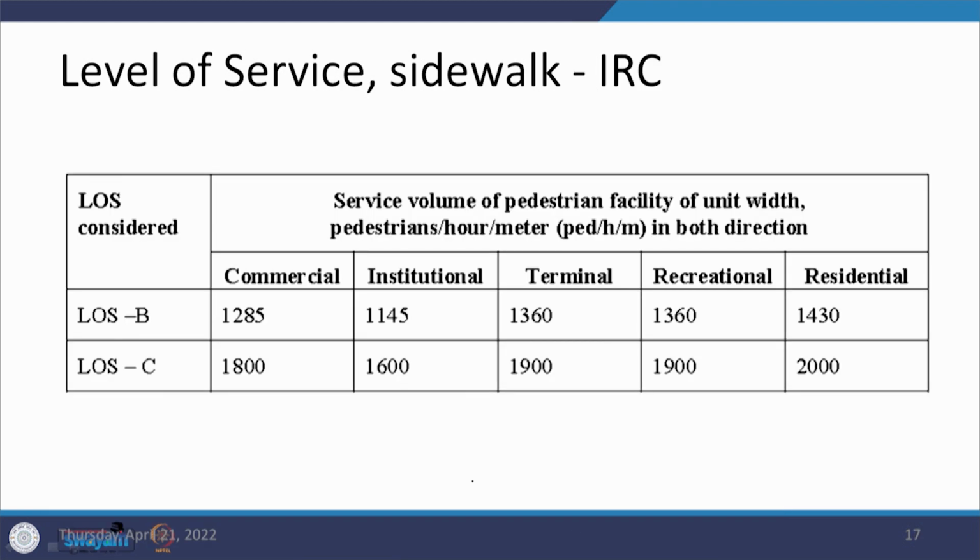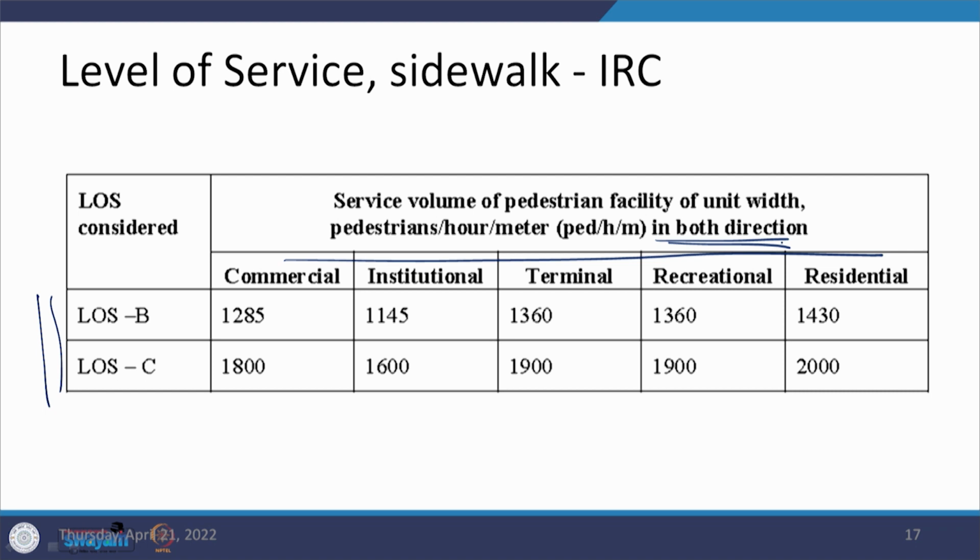In this case again we are talking about level of service B or C, but now we are specifically talking about different types of developments in which these facilities are provided. There is not much difference in terms of pedestrians per hour per meter for both directions.